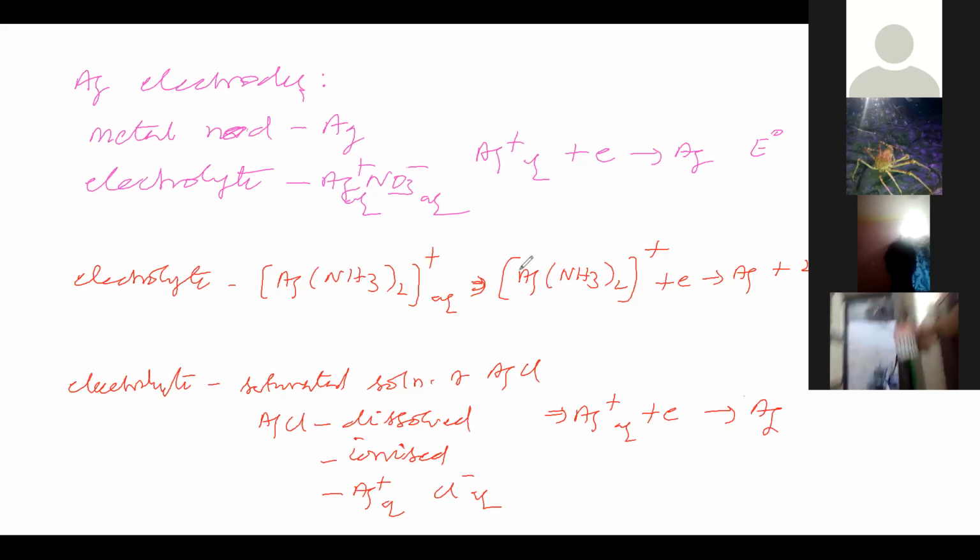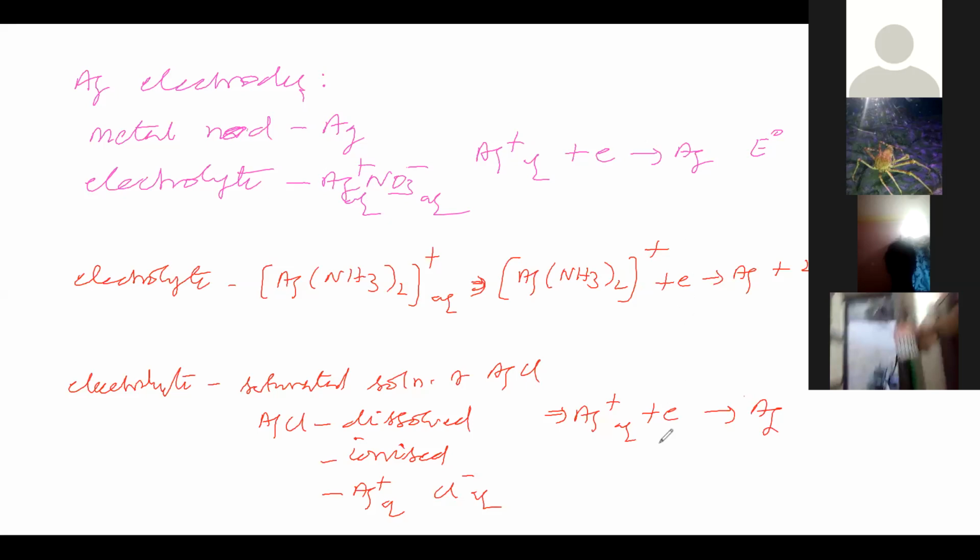Here Ag plus is in coordinate linkage with the ligand. Here Ag plus has much attraction with Cl minus. Here the attraction is more when compared to the other, that's why it is an insoluble salt, whereas the other is a soluble salt. So the tendency of Ag plus taking an electron is different in all the cases.